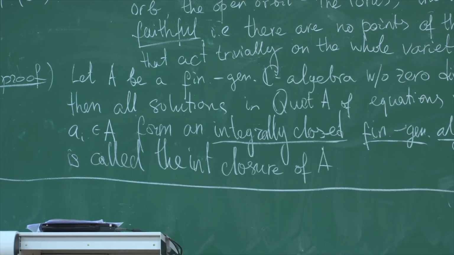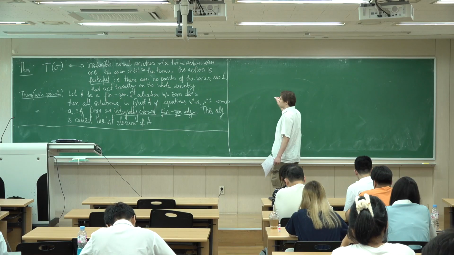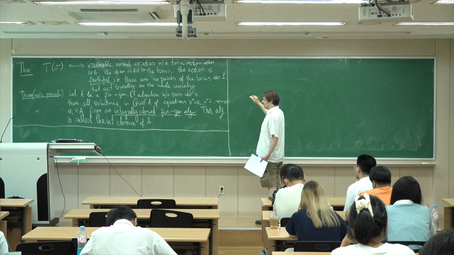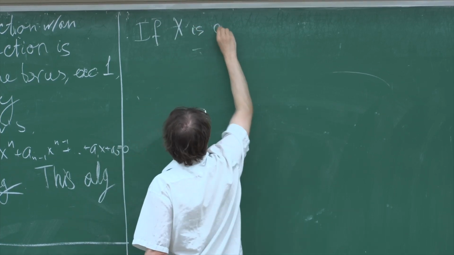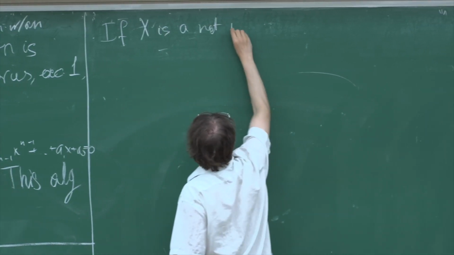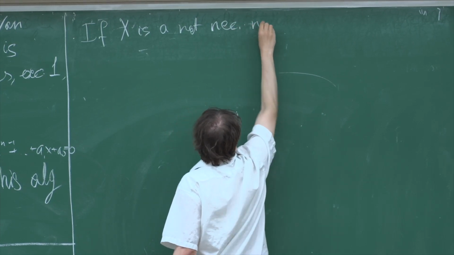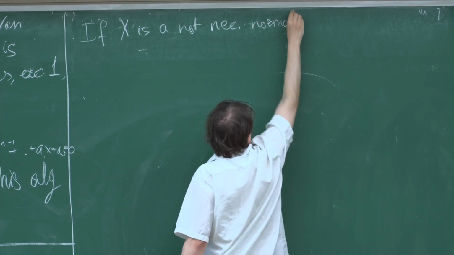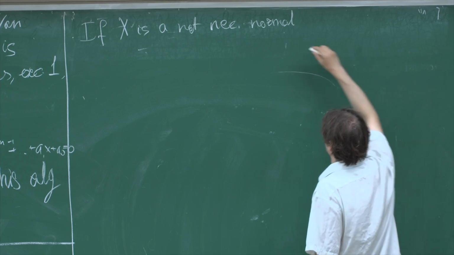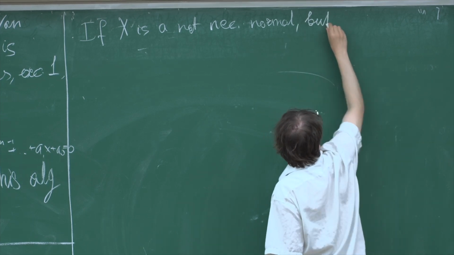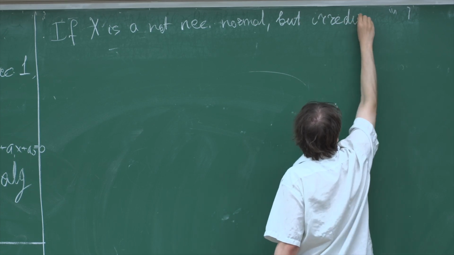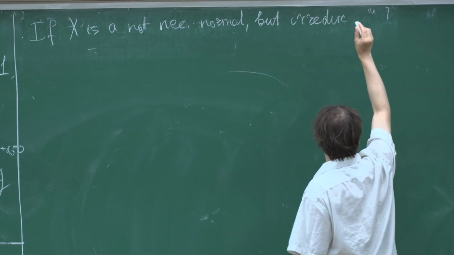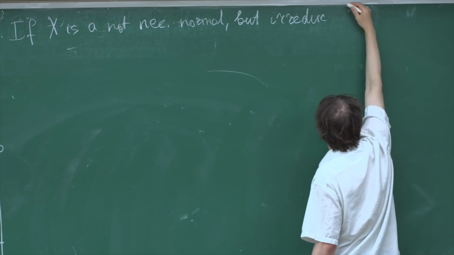And on the geometric side, this means that if X is a not necessarily normal irreducible variety, so maybe we don't have normality, but we must have irreducibility.